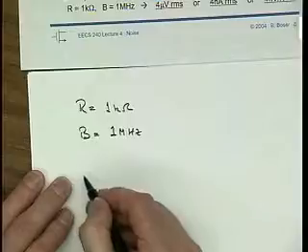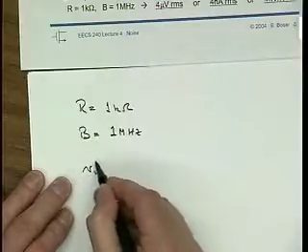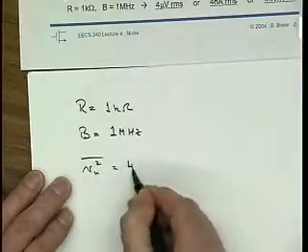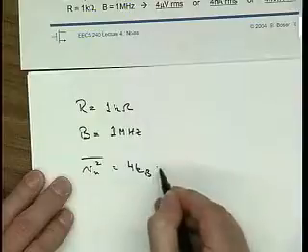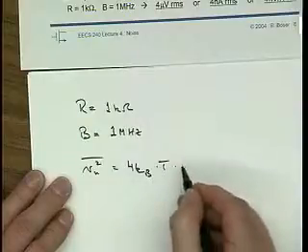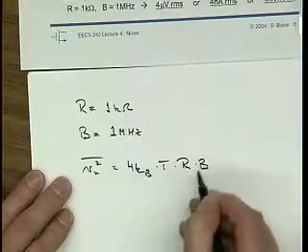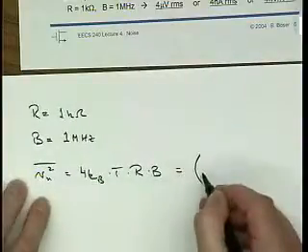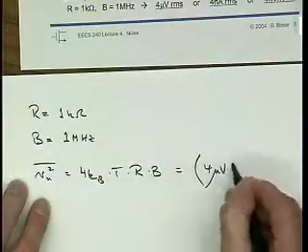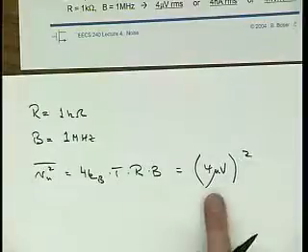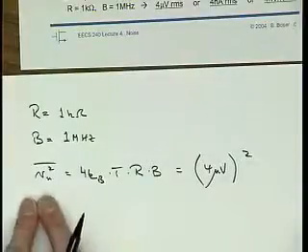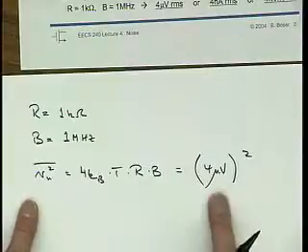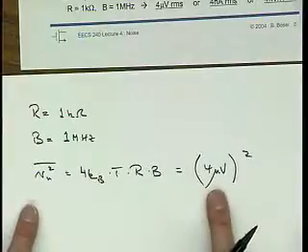Then we can calculate this noise voltage. Vn square is equal to 4 kB times T times R times B, and this is equal to 4 microvolts square. We've said before that this has units volt square.